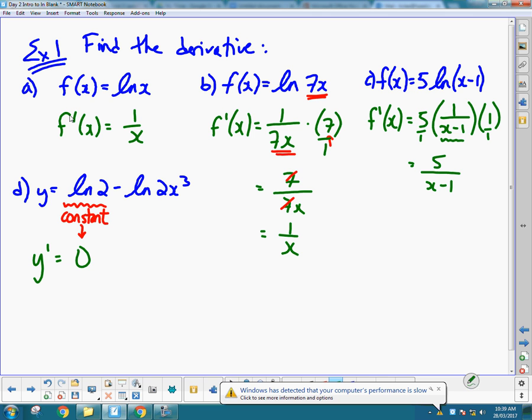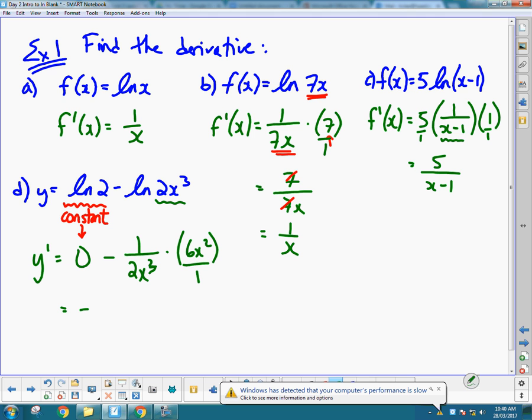Now the second part of it is an actual function, and so I differentiate it. Again, it's ln, so the derivative is 1 over 2x cubed, times, now I differentiate the actual thing, and that's 6x squared. I can simplify things.